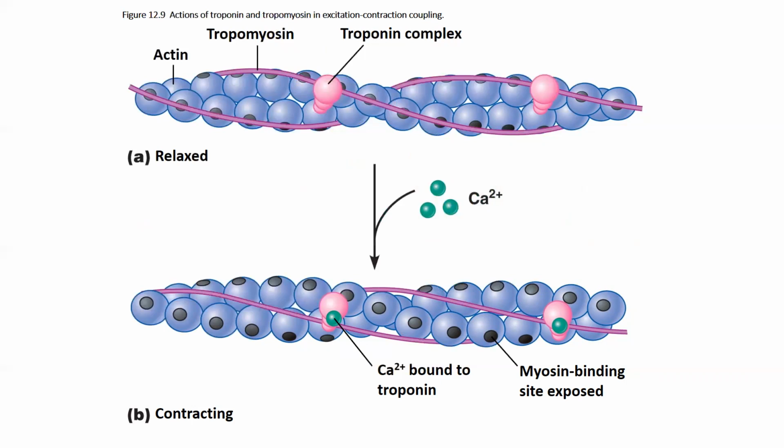That troponin complex had 3 binding sites, one for calcium, one for tropomyosin, and one for actin. In the absence of calcium, they're going to cover those binding sites. This is the relaxed state of muscle. And in the presence of calcium, they're going to expose those binding sites. This is the contracted state of muscle.